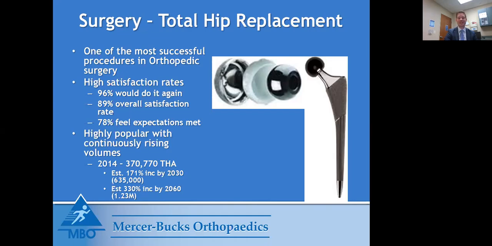The operation is very popular amongst our population, and volumes are continuing to rise year after year. As an example, in 2014, over 370,000 total hip replacements were performed, and that's estimated to increase to over 630,000 by 2030 and over 1 million by 2060.